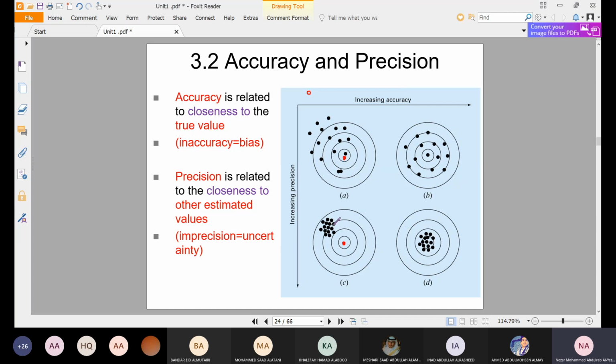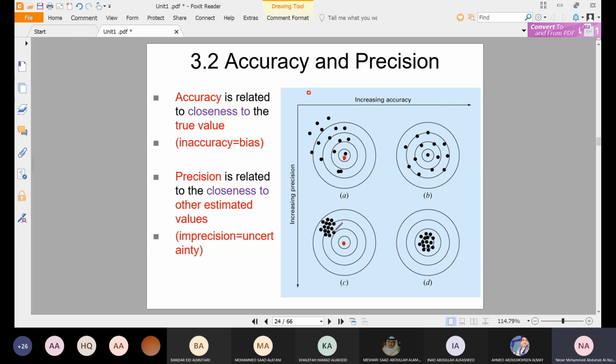Usually, if you do an experiment and you want to measure, for example, a distance, you do the measurement and you find, for example, 10 centimeters, after that you do it again and you find 9.95, you do it again and you find 9.98. So all the results are close to each other.